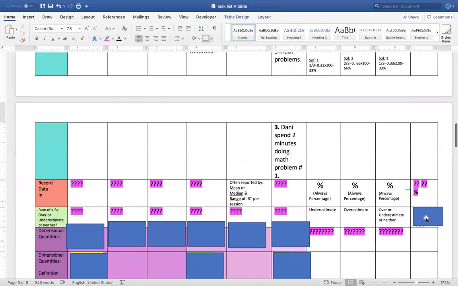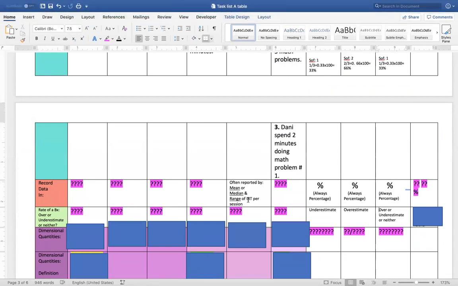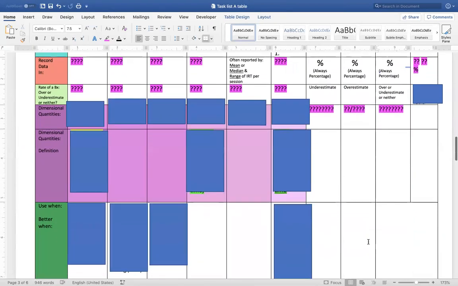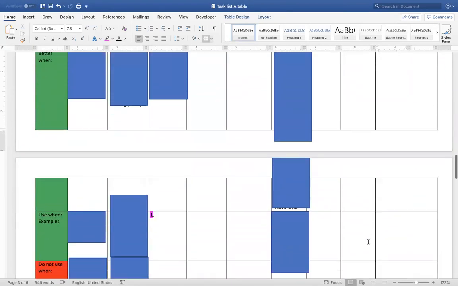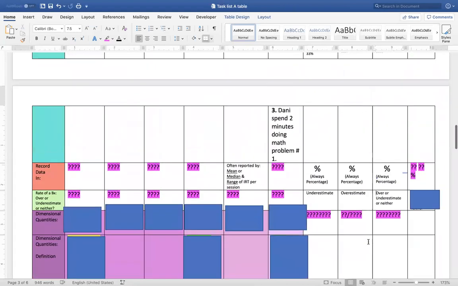How much longer are we doing this? I don't know. When are they going to kick us out? How much time do you have? I might have to go though. It's okay. I can just post the table in the group when I'm done, so you guys can benefit from it.